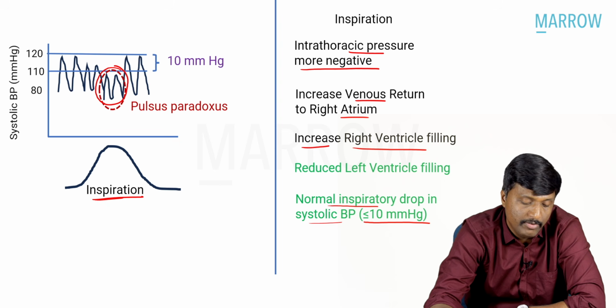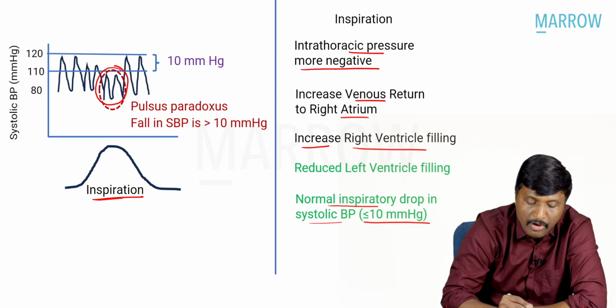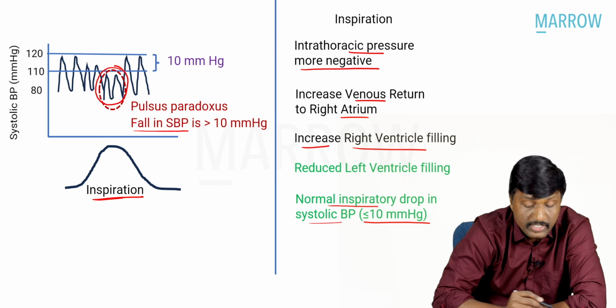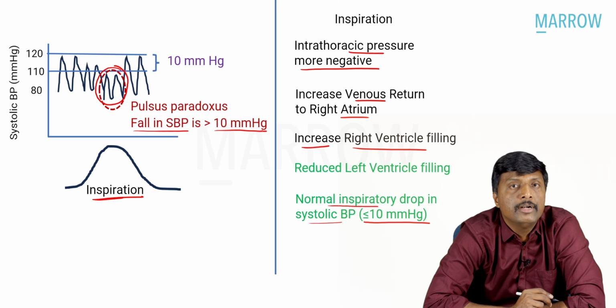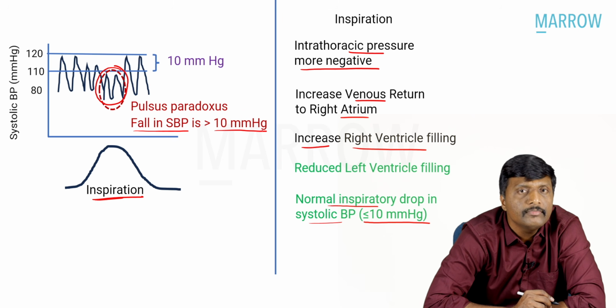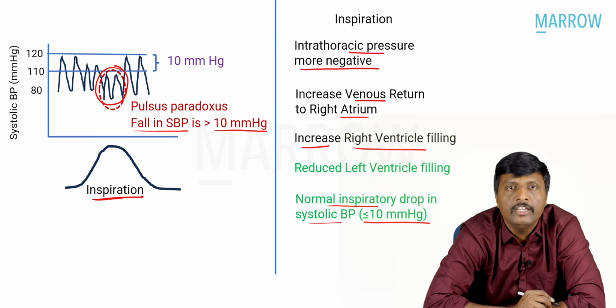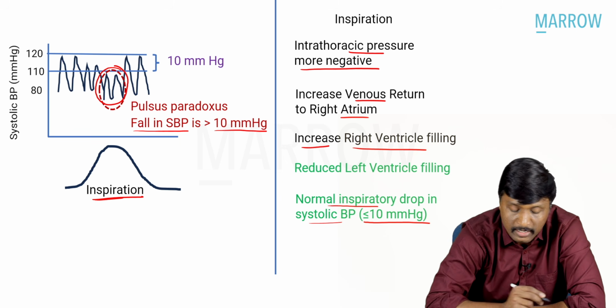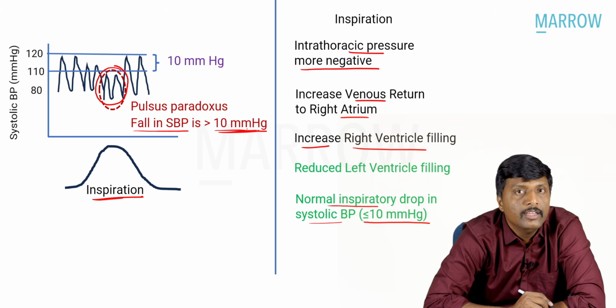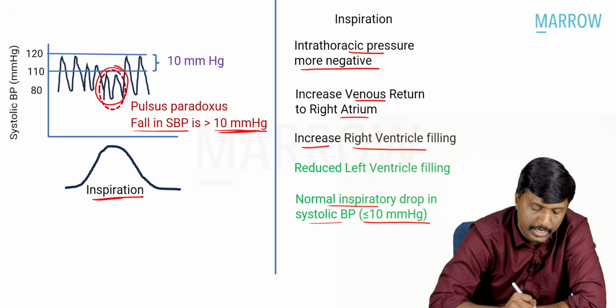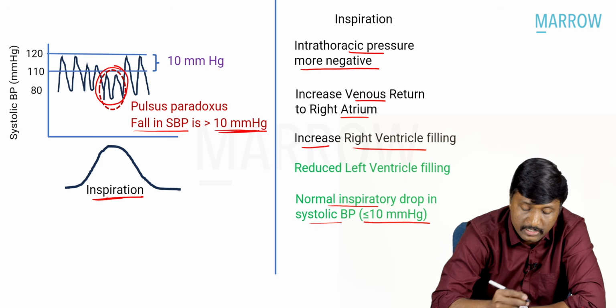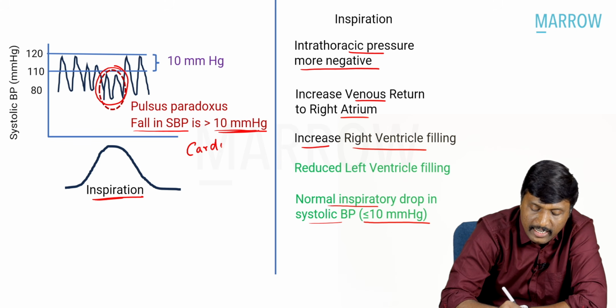This is none other than our pulsus paradoxus, which is a fall in systolic blood pressure of more than 10 millimeters of mercury during inspiration. That is called pulsus paradoxus, classically seen in cardiac tamponade.